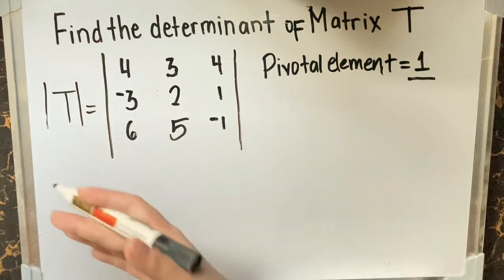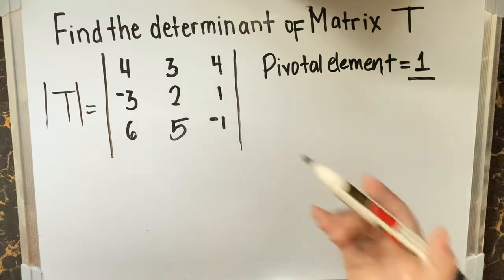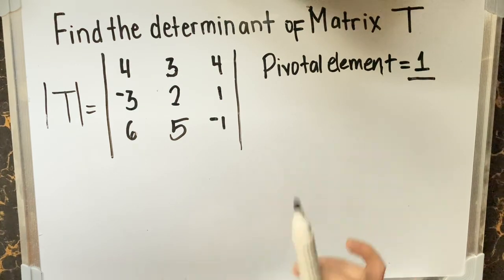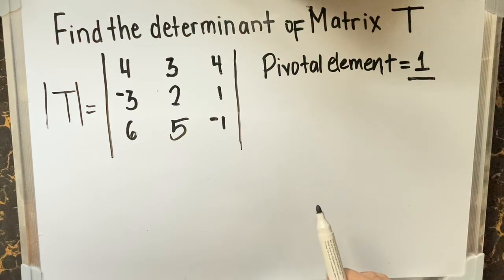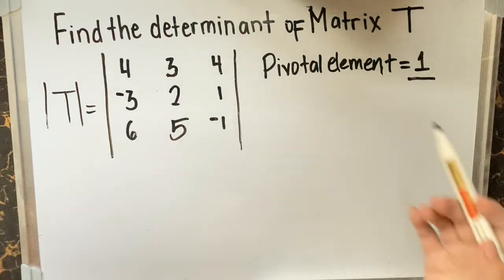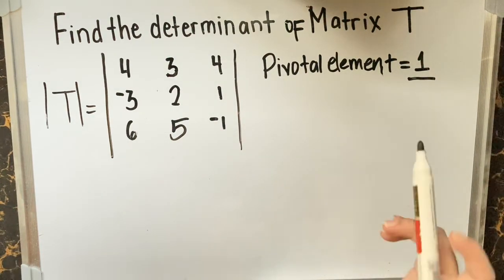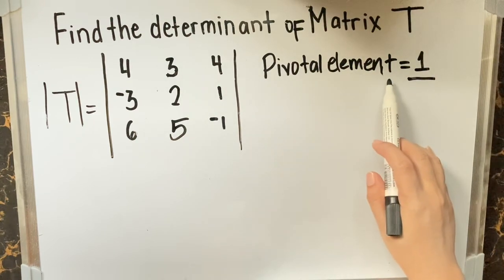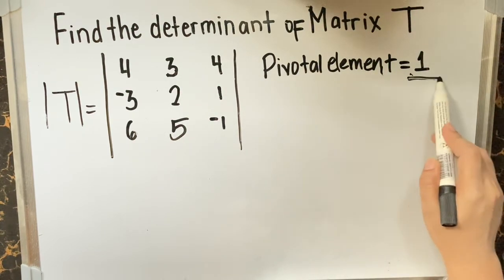Dito, mayroon tayong third order determinant at gagamitin natin yung pivotal element method sa paghahanap ng ating determinants. We must first choose our pivot point at nandito lang yon within the given matrix. And also, we have the requirement na dapat ang pivotal element natin must be equivalent to 1.